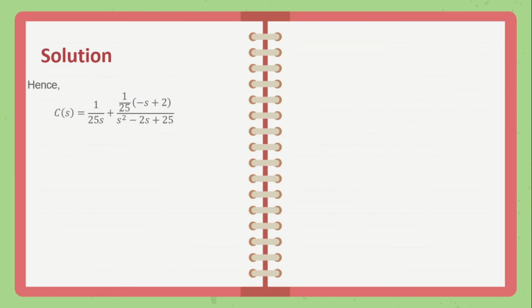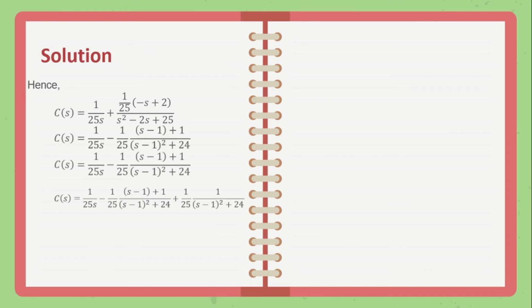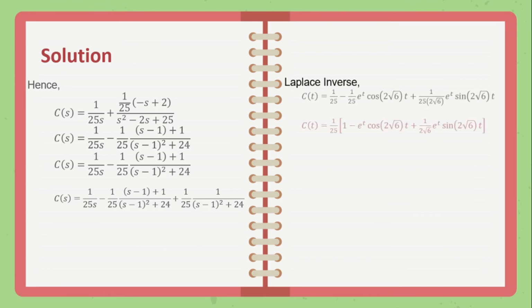Hence, C of s is equal to 1 over 25s plus 1 over 25 times negative s plus 2 all over s squared minus 2s plus 25. With further simplification, we got this equation. And then, taking the Laplace inverse, we come up with the solution or the answer.